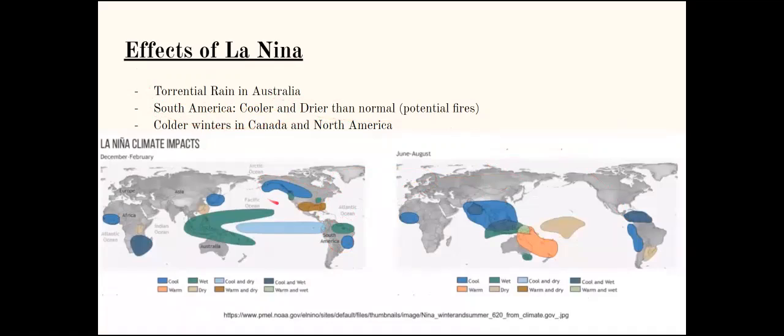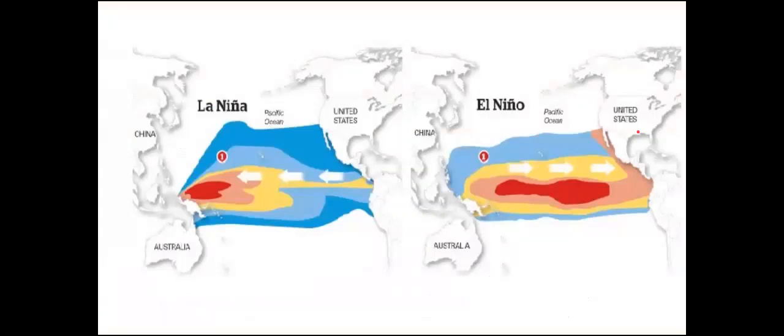And opposite of El Nino, this will result in even colder winters in Canada and North America. This is just an overall image to show you how the temperatures of water are different when you have normal or La Nina conditions and El Nino conditions.